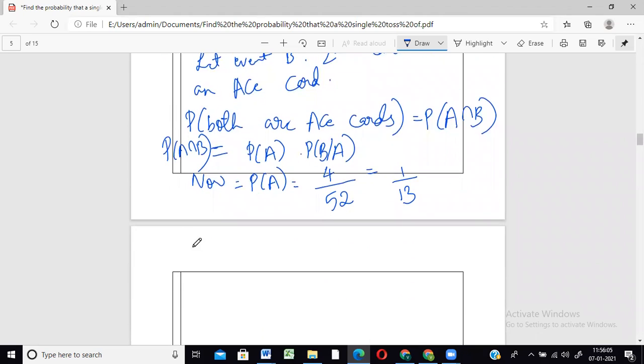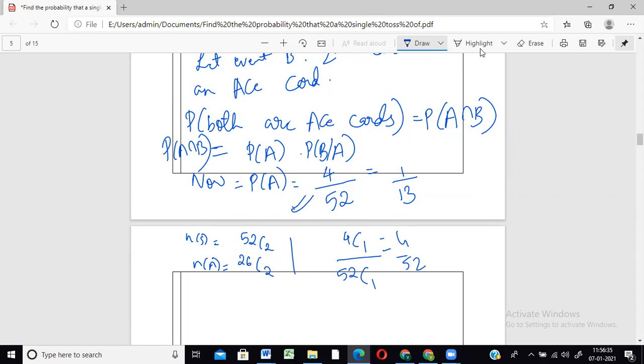For example, for probability of red cards picked up, first we write n of s; if we have to pick 2 cards, that is done in 52c2 ways. Red cards is event A, so there are 26 red cards, and from them you pick 26c2. Right? Here they are only picking up one card. So out of 4, one card is picked up in 4c1 ways, and the denominator, the sample space, is 52c1. So this is nothing but 4 by 52. That is how this has come.